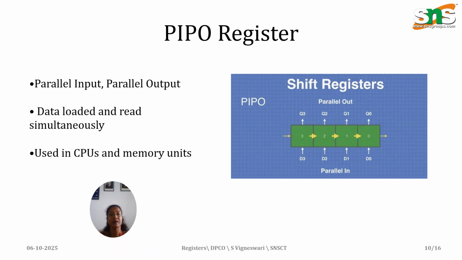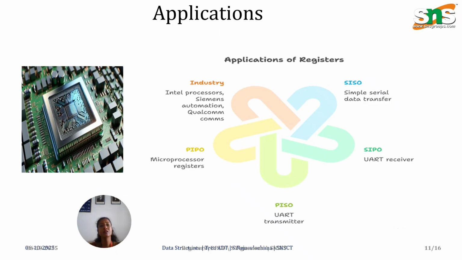Next comes the parallel in and parallel out shift register. Data are loaded parallelly and you retrieve all four data bits parallelly at the output. This is used in the central processing unit and in memory sectors also. And where do we use all these kinds of registers?